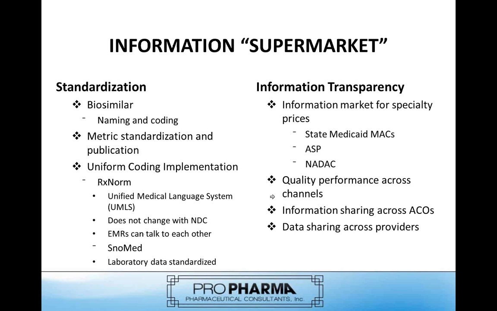And finally is the information supermarket, and that is we need to address and be aware that in the past we had kind of a problem where information was known on only one side, kind of a cognitive dissonance. In this particular regard, the information is now very open, it's very available. There will be issues on standardization of naming, so the biosimilars will be switched or part of the generic substitution.